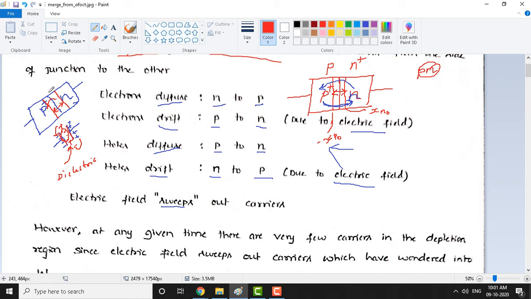In this PN junction, one plate, towards the N side, is made up of positive charge, and the other plate is made up of negative charge. So any electron present here will be attracted to this side, and any holes present here will be attracted to the other side, because the other plate is negatively charged and this plate is positively charged.